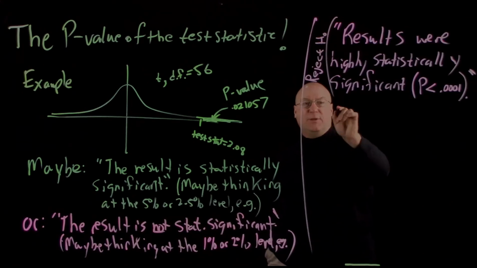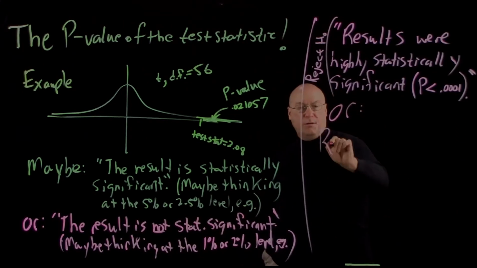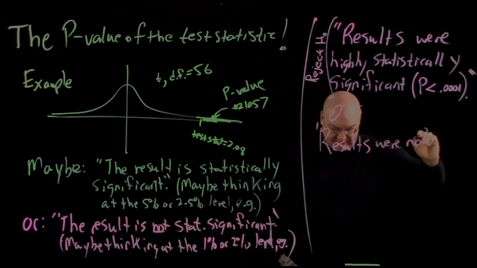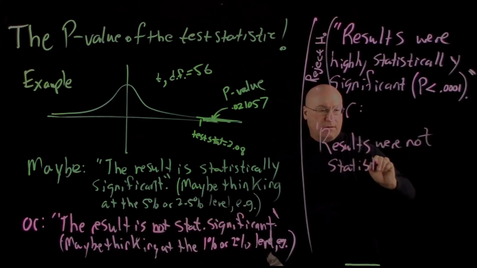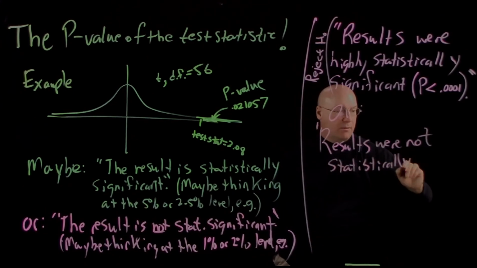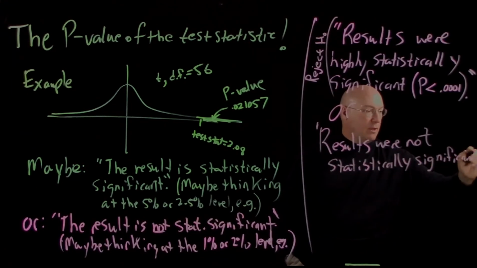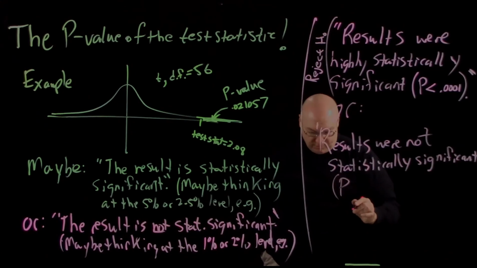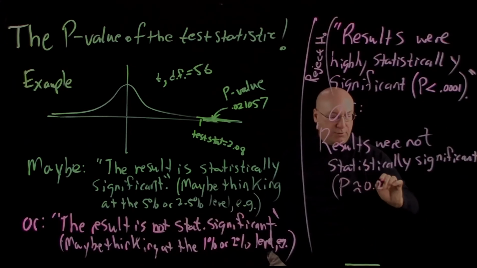Or you might see something like this. Results were not statistically significant. And then I better tell you what I mean by that. Maybe I computed my p-value to be about 0.23.